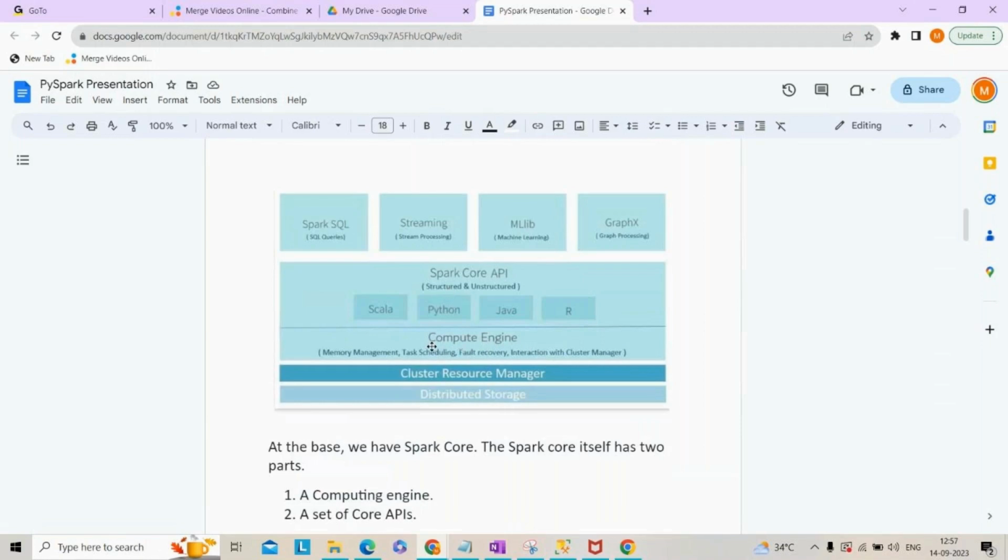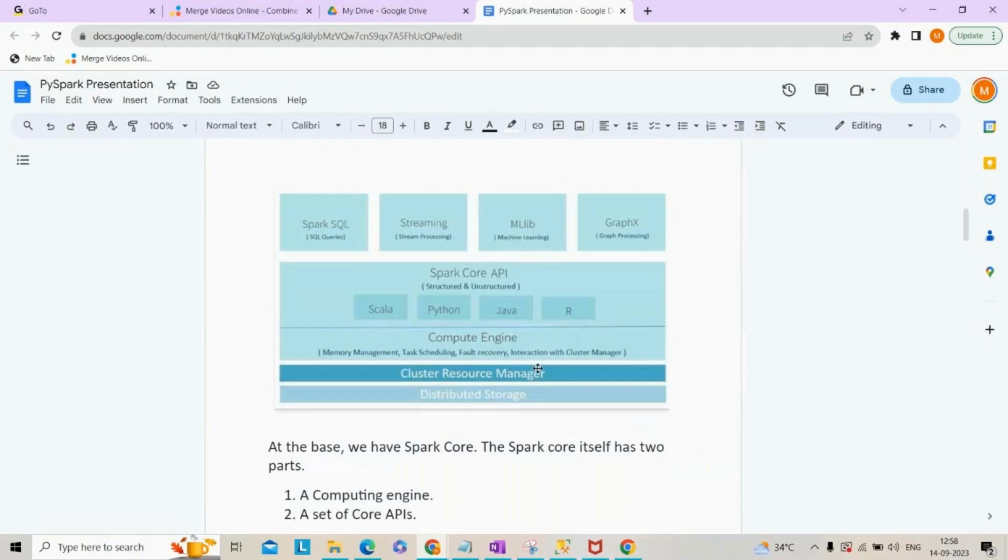First, we talk about the compute engine. The compute engine provides some basic functionalities like memory management, task scheduling, fault recovery, and interaction with the cluster manager and distributed storage.